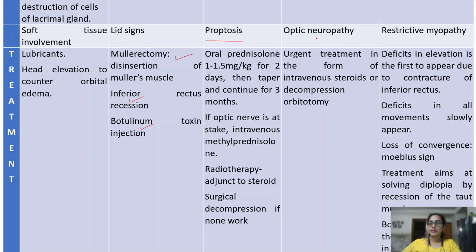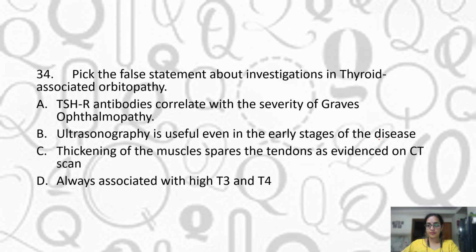Then optic neuropathy, it is an emergency, so we have to give intravenous methylprednisolone or we have to decompress the orbit. Restrictive myopathy is a little difficult to treat. So you have to give a surgical correction after you have planned a proper decompression.